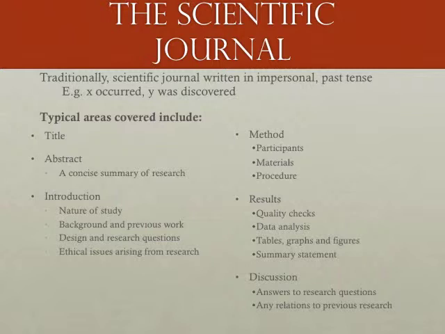Starting with the title, then a very brief abstract of what somebody's going to find in your report. Think of that abstract almost like a mini marketing, a little Reader's Digest condensed taster of what's going to be in the research.